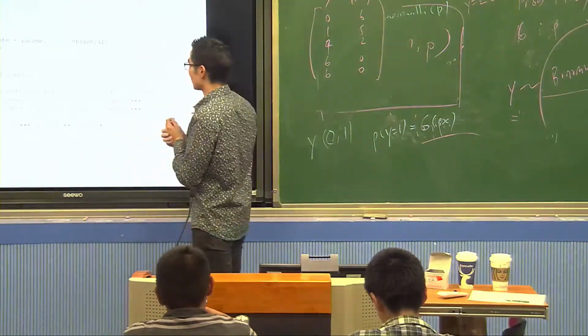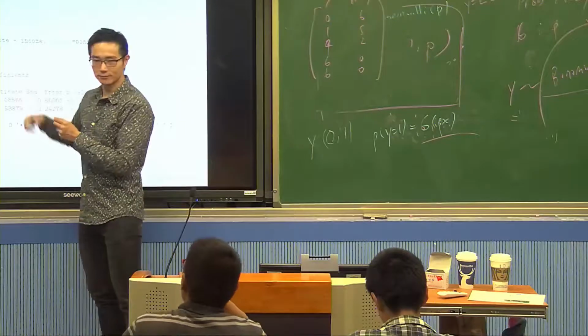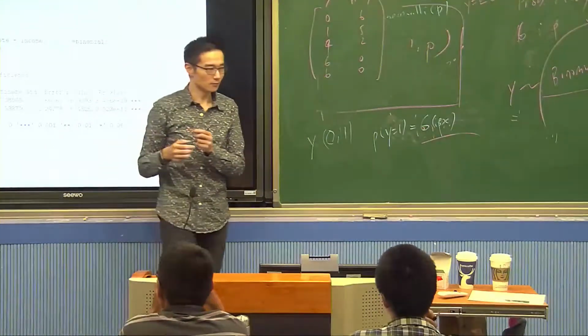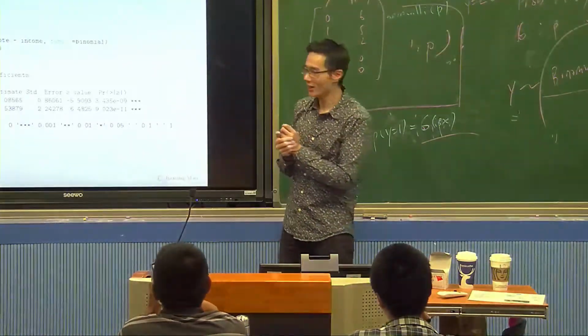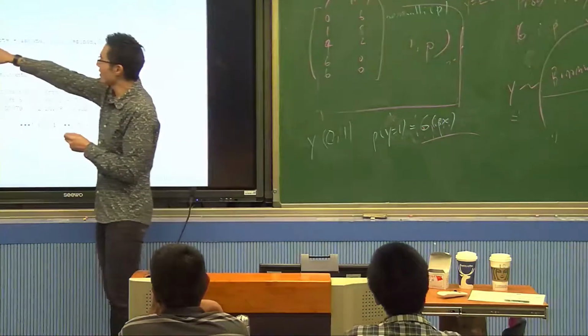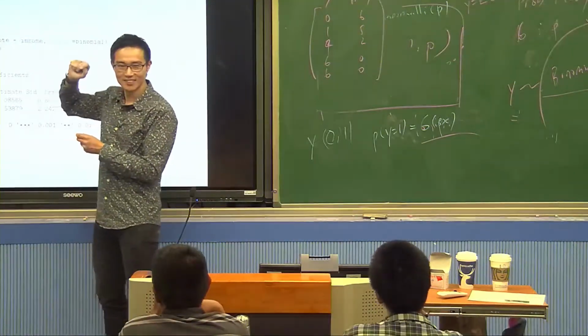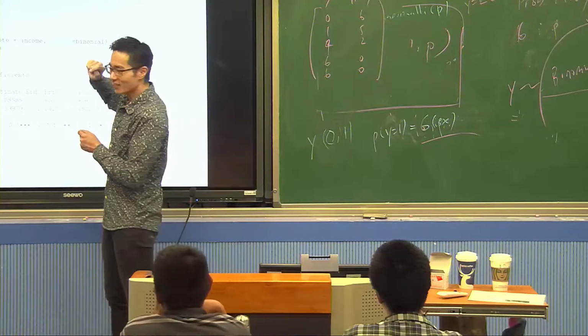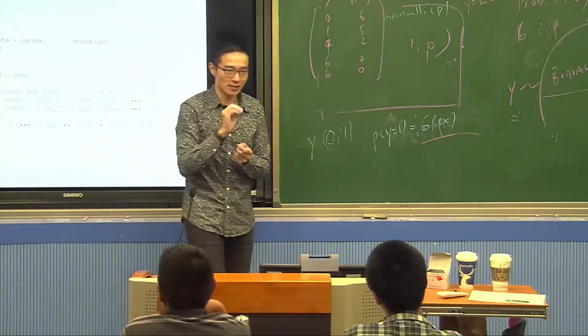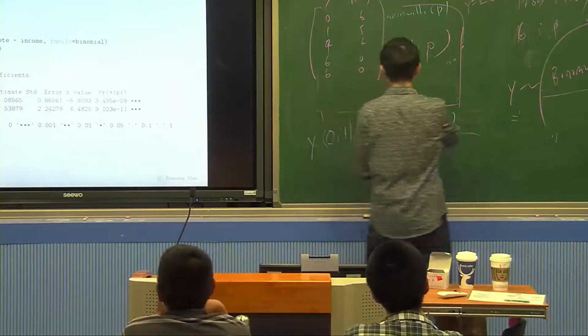But what is GLM? Why doesn't it say logistic? It's a GLM. When you do least square linear regression in R, it's lm.